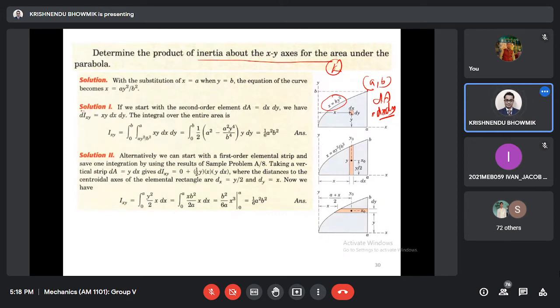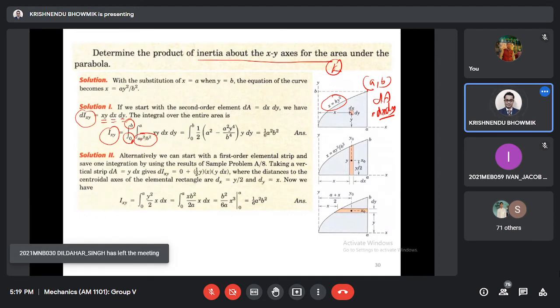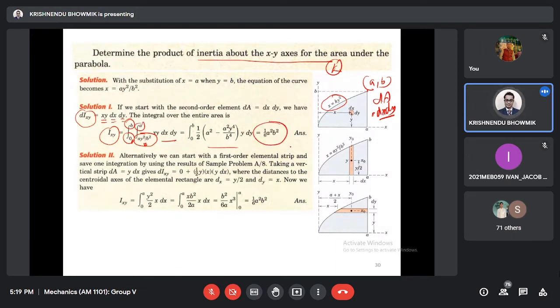Then the elemental dIxy equals xy dx dy. We can do the double integration: 0 to b is the y variation, and the x variation is from this to this. You put in the values and you will get the solution directly.